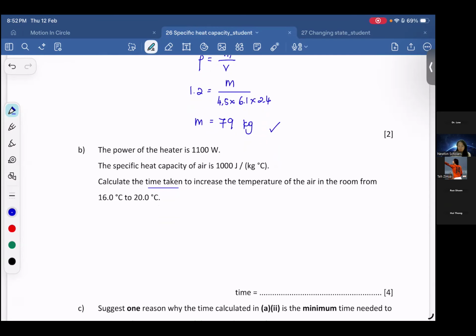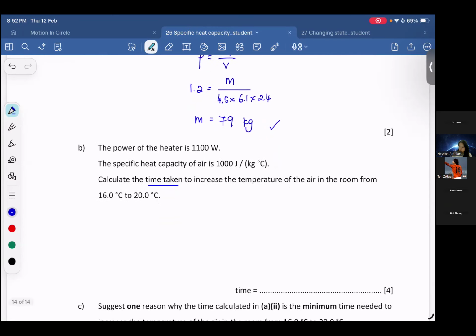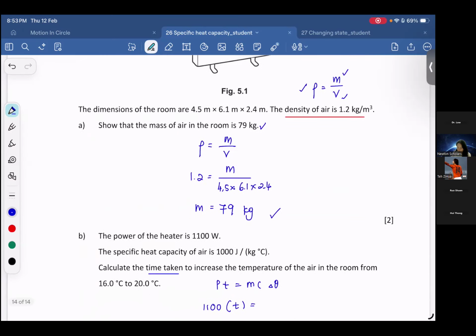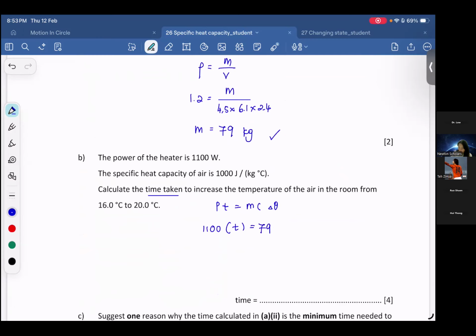Actually, I put this question because I want to mainly discuss part C. So power times time equals m c change in temperature. Power is 1100. The time we don't know, how long I need to heat it up. The mass is 79. The specific heat capacity is 1000. Change in temperature is 20 minus 16, so it increased 4 degrees Celsius. If you did the calculations, your time should be 287 seconds or 290 seconds. Okay, 2 to 3 significant figures.